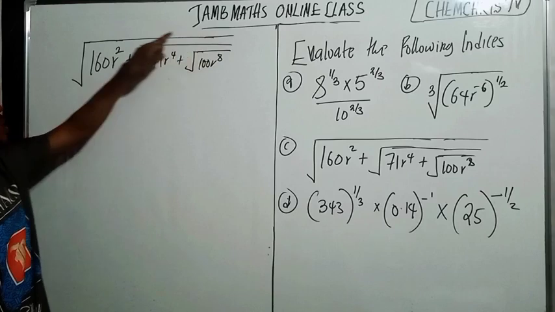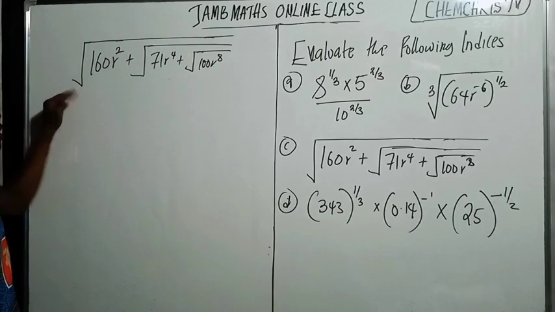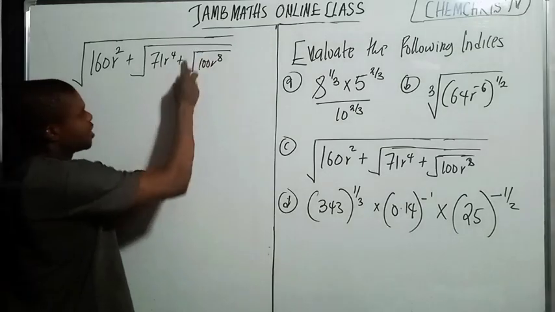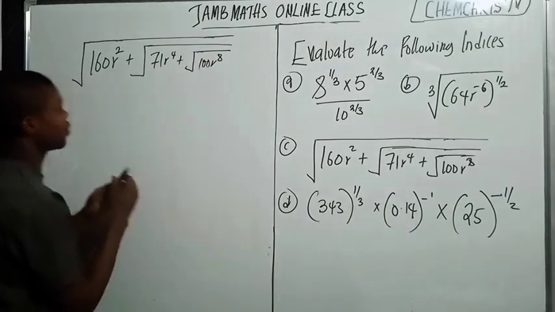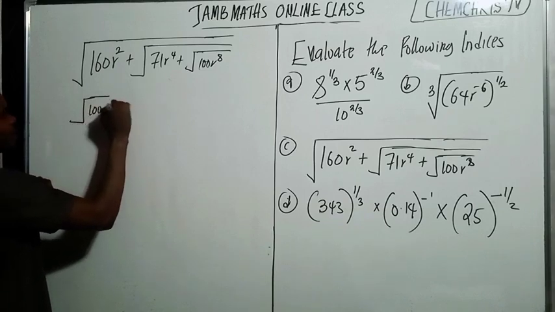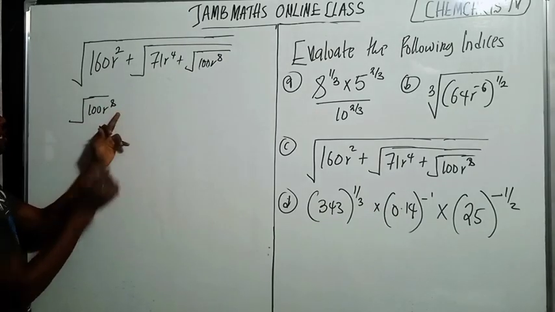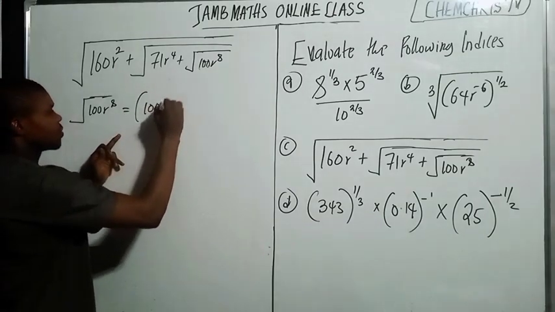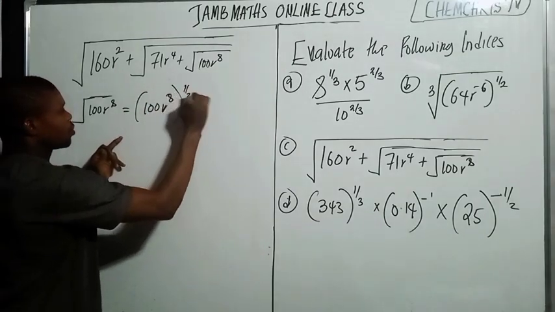But we have this big square root, right? Then before you have the second one, before you have the third one. So now let's start from this point here. So let's evaluate the sum first. Here we have square root of 100 raised by what? 8, right? Now if you check very well, when I have square root, it's the same as 100 raised by 8 raised by 1 over 2. Do you understand?